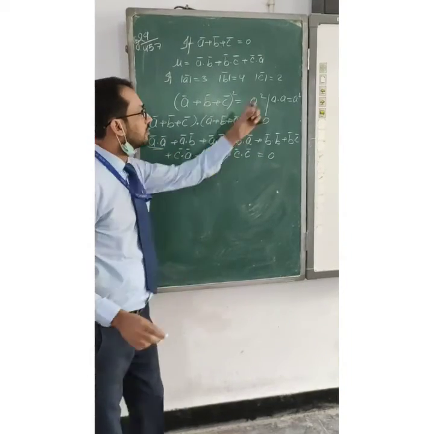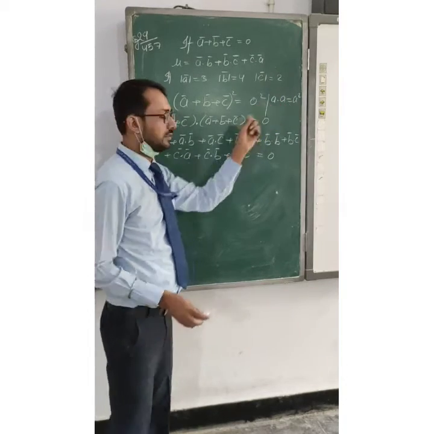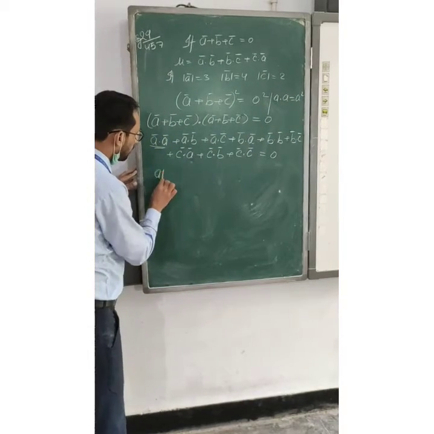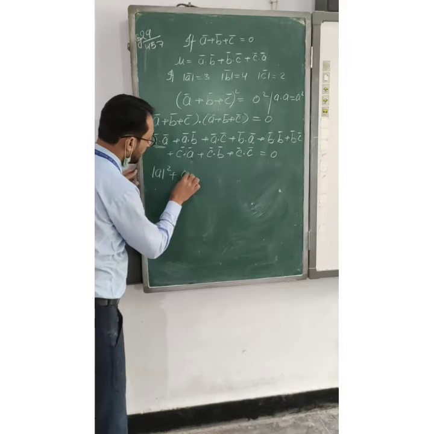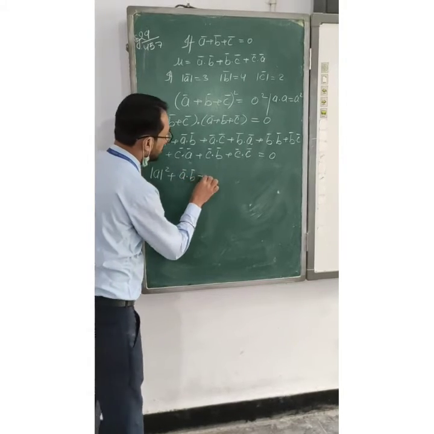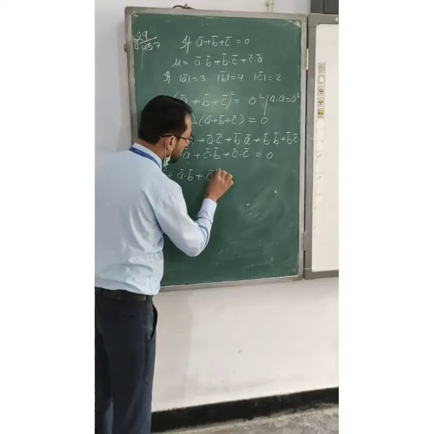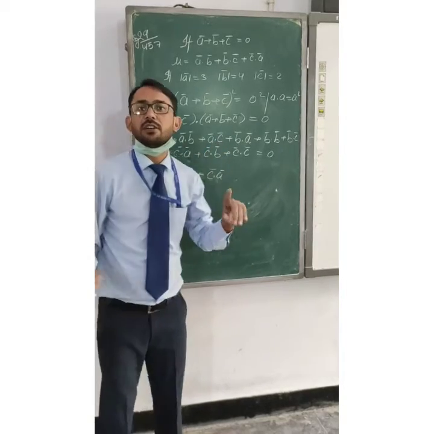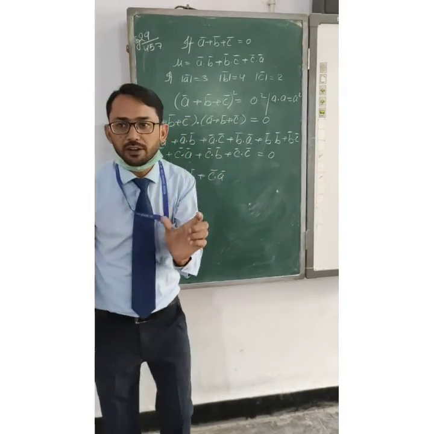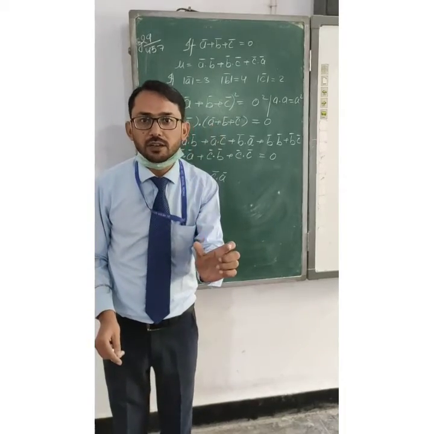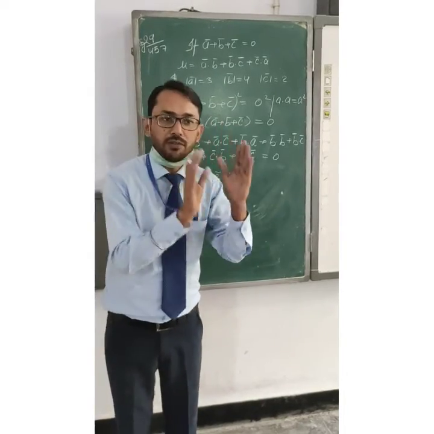A dot A can also be written as mod A square, plus A dot B plus A dot C. I am writing C dot A because A dot C and C dot A are equal. We know that the dot product or scalar product obeys the commutative law.